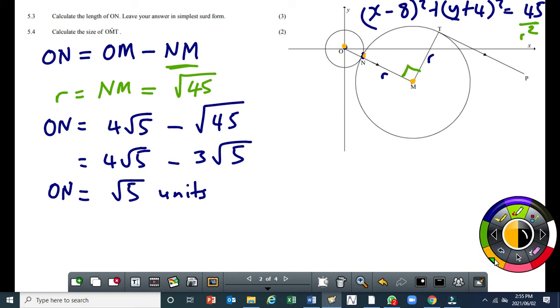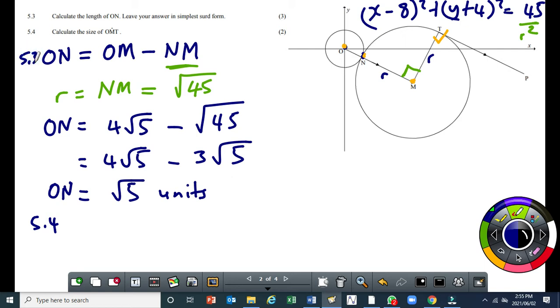Yes. So this is a tangent TP, and MT is the radius. So this angle is 90 degrees, tangent perpendicular to radius. Also, we are given that OM is parallel to TP, therefore this angle is alternate to that. Okay? So, for 5.4, this will be 5.3.